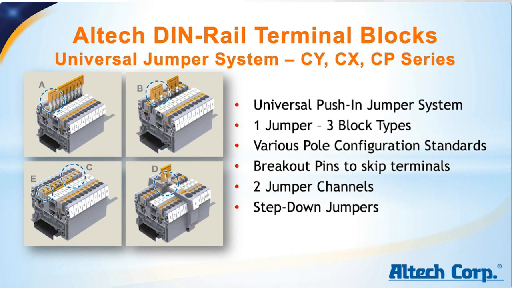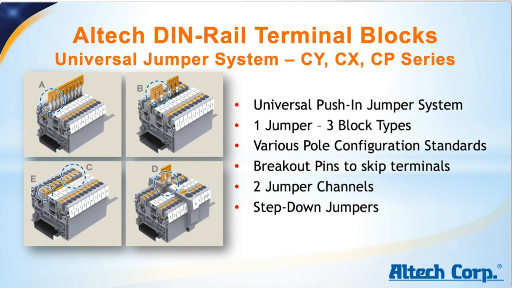Some of the features of that universal jumper system: it includes various pole configurations. The jumpers are available, for example, in 2, 3, 4, up to 16 poles for most of the sizes. Also, larger pole counts can be cut to the desired number of poles if one specific pole configuration is not readily available.